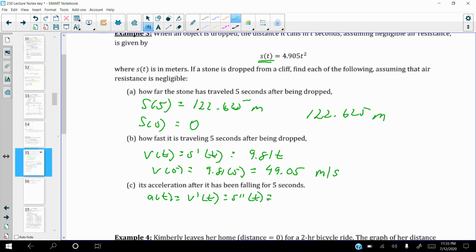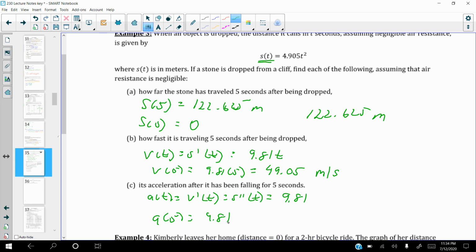And the first derivative of 9.81 t is just going to be 9.81. So the neat thing about this one is there's no variable left there. So the acceleration at time 5 is 9.81. The acceleration at time 10 would be 9.81. The acceleration at time 2 would be 9.81. It doesn't change.